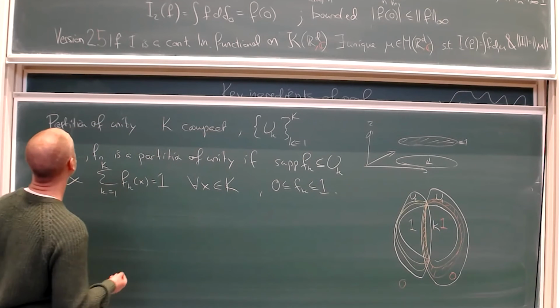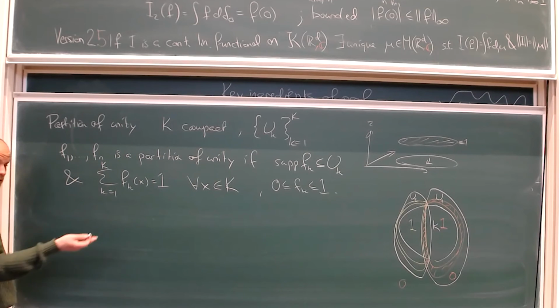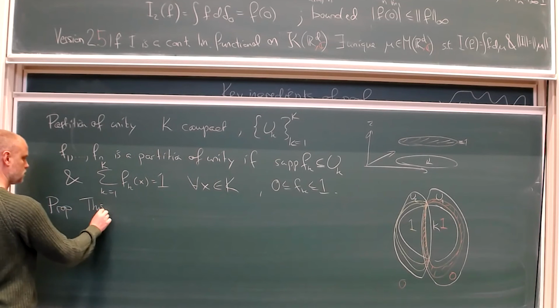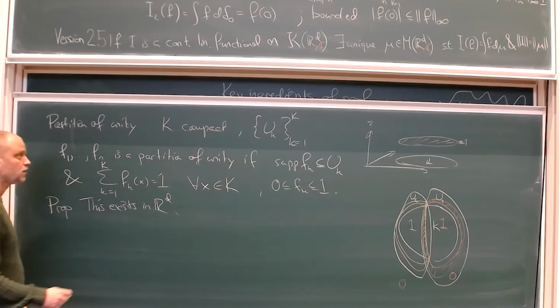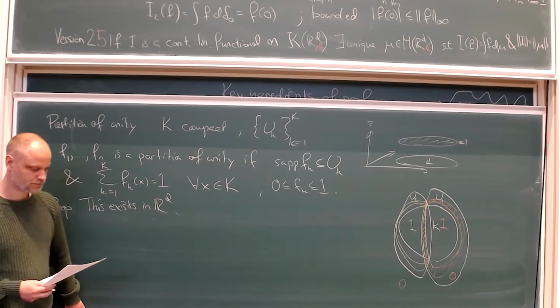So proposition 2 says that we always can have a partition of unity. I do it in R^d, the book does it for locally compact spaces. Slick proof.